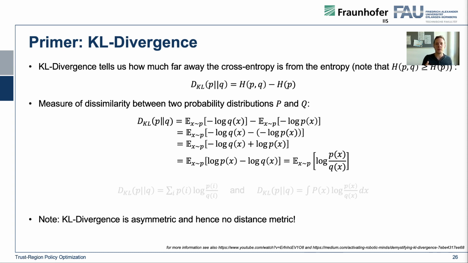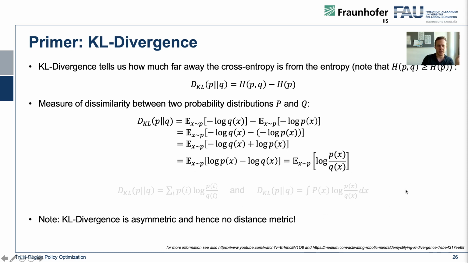If you have two probability distributions and they are equal, then the cross entropy becomes the entropy. And the KL divergence defines how much the cross entropy is off from the entropy, which is given here: the cross entropy minus the entropy. If you calculate this, you come to the KL divergence that we defined 3 slides before.